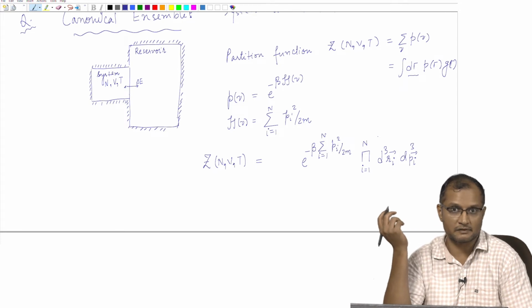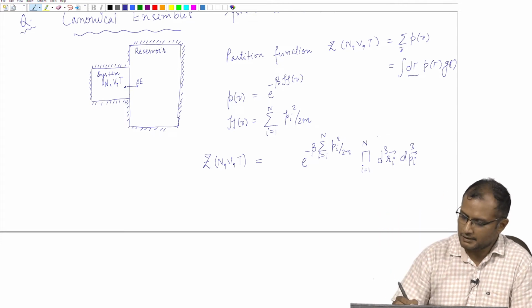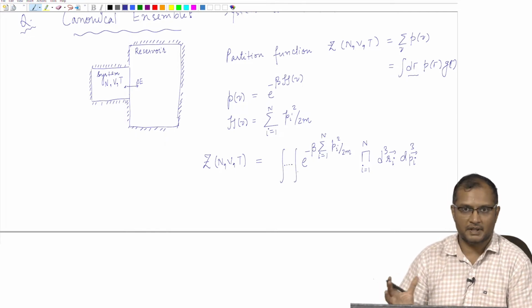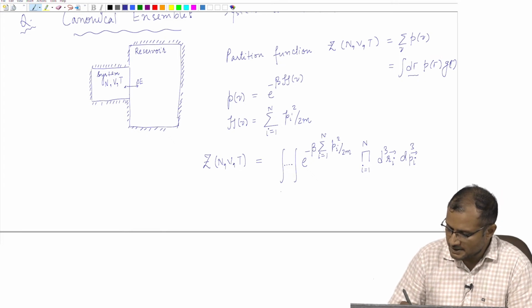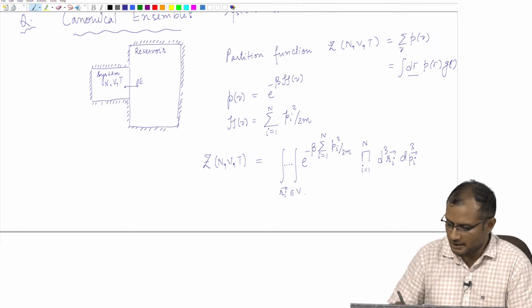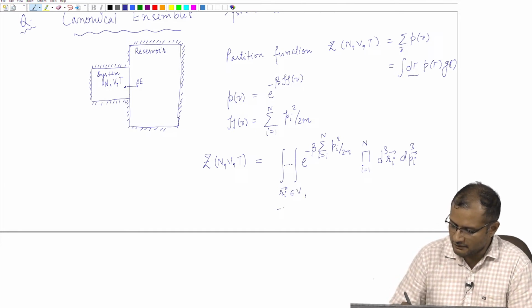So, this is a 6-dimensional phase space volume, and I am going to integrate it over the entire coordinates. Here each position belongs to my volume V, and the momenta are going from minus infinity to plus infinity.